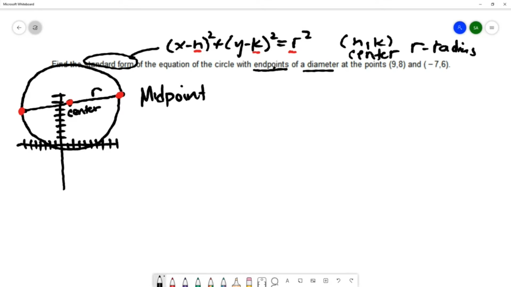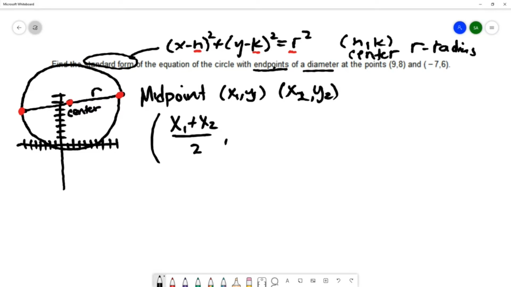So the midpoint formula, you're given 2 points, x1, y1, and x2, y2. And you would find the midpoint by averaging the x's. So that's adding the x's up and dividing by 2. And then you're going to average the y's. So you add the y's together and divide by 2. So this is going to give us the midpoint.